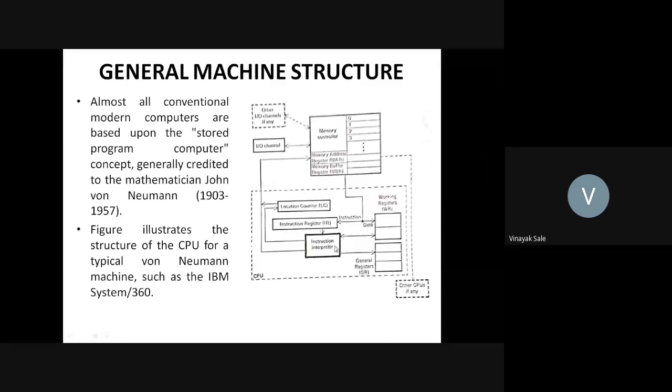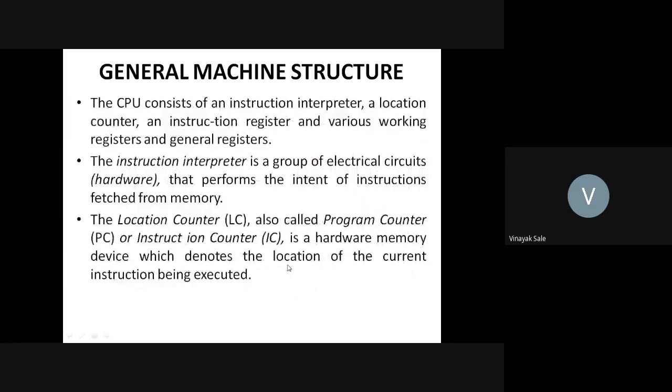The instruction interpreter is connected to both the working register and general purpose register, and the other CPUs, if any, are connected to this memory management. This is one nuance of the first computer, that is IBM System 360. We have studied this part in the last lecture.